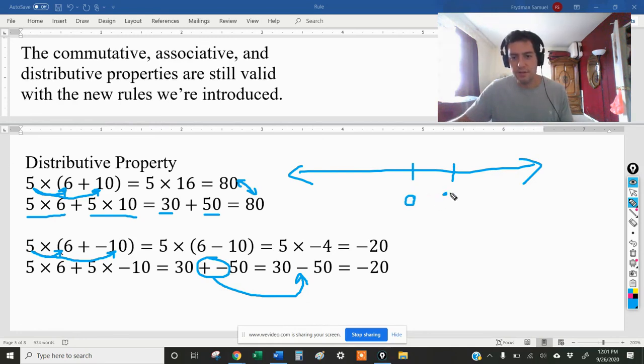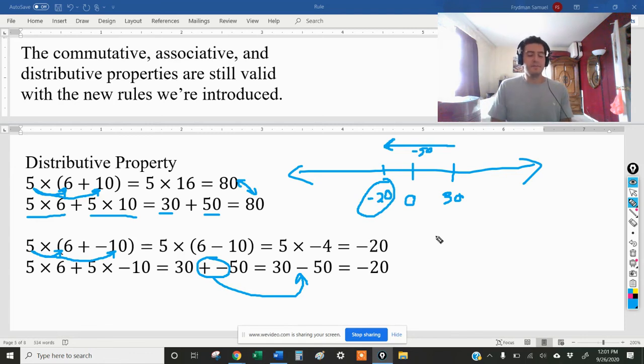If I start at positive 30 and then I move to the left, maybe that's a little bit too far. Let me try to do it to scale here. If I move to the left 50 spaces, then I'm going to get a negative answer. Okay, again, I would get negative 20, which is the same thing that I got over here.